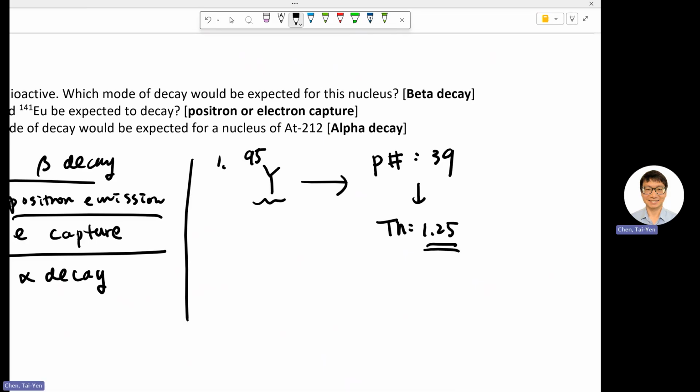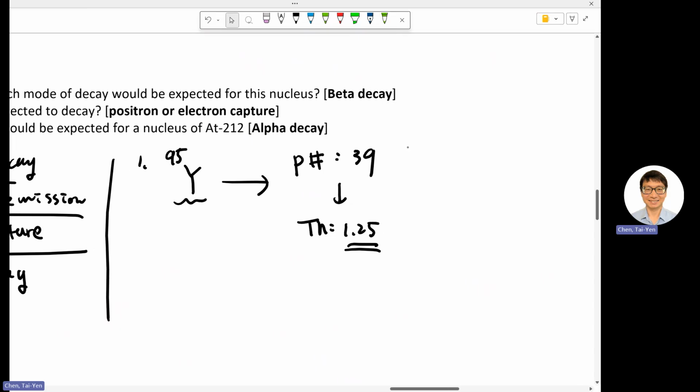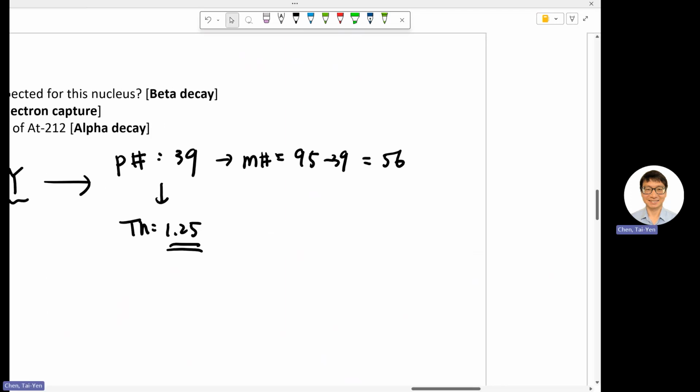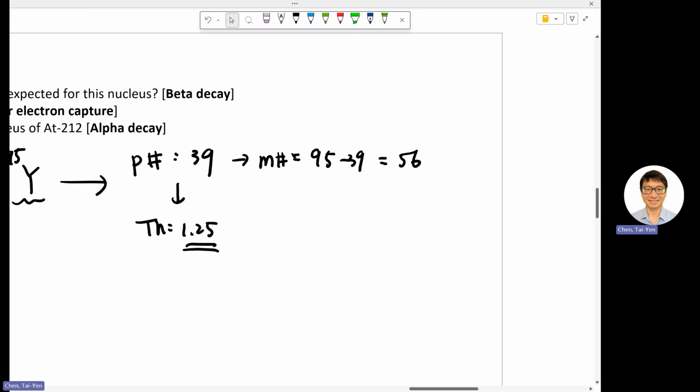Once you know your proton number is 39, you can calculate your neutron number, which equals 95 minus 39, which gives you 56.